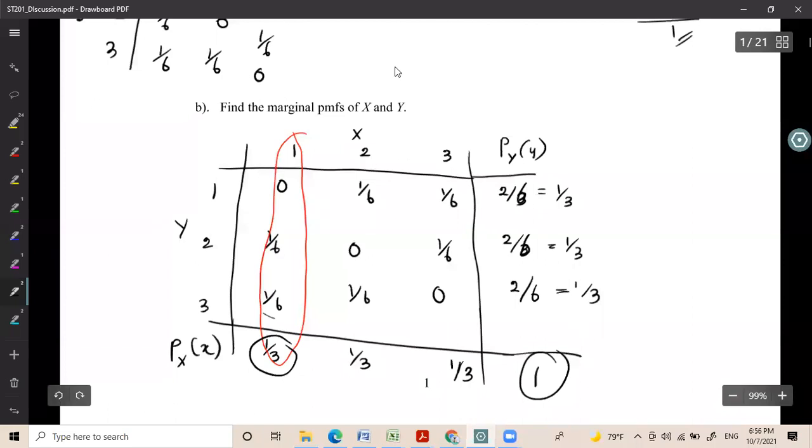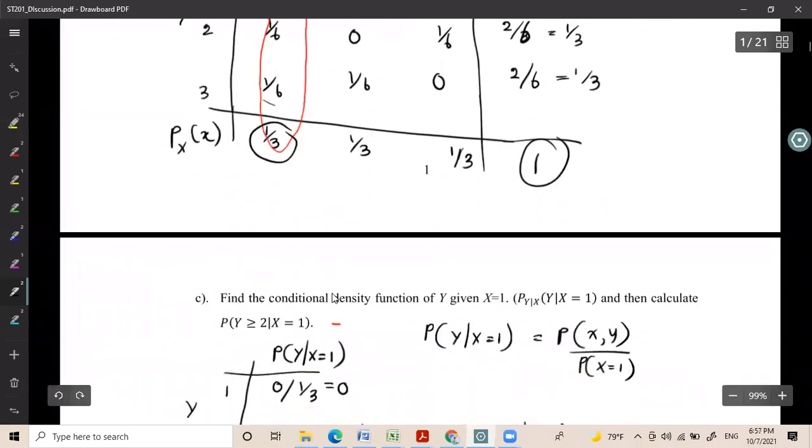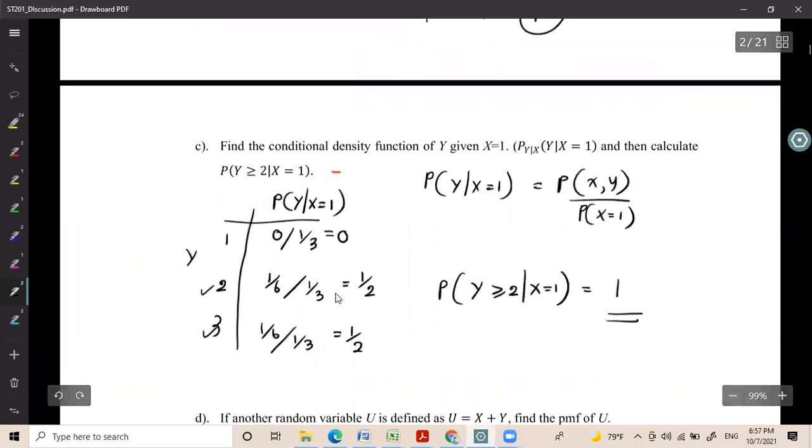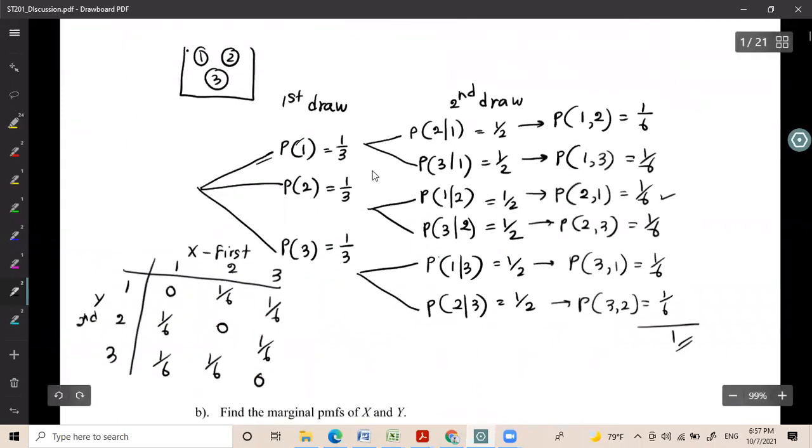Now, what will happen if you end up with the wrong joint PMF? If your joint PMF is wrong, your marginal PMFs are wrong, your conditional densities are wrong, and your probabilities are wrong. Now, what will happen? Will you lose all the marks? Well, I usually don't do that.